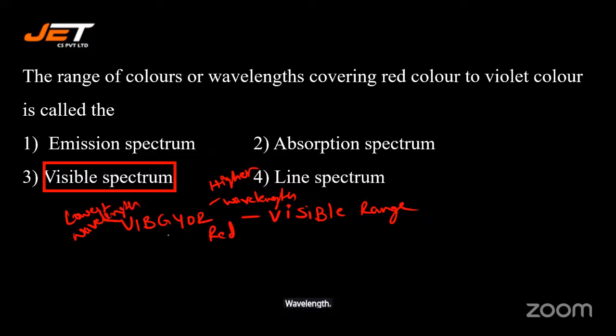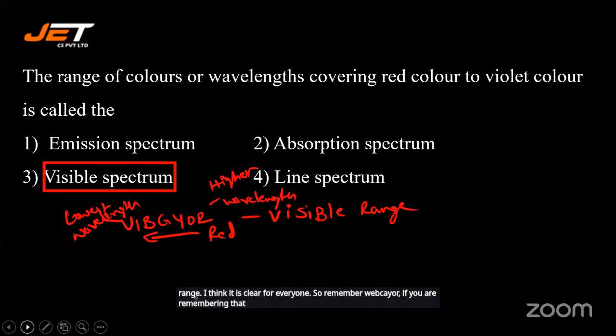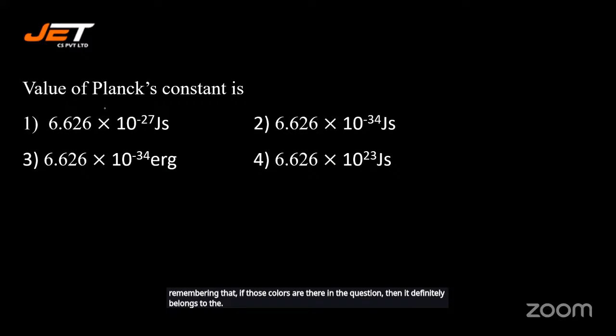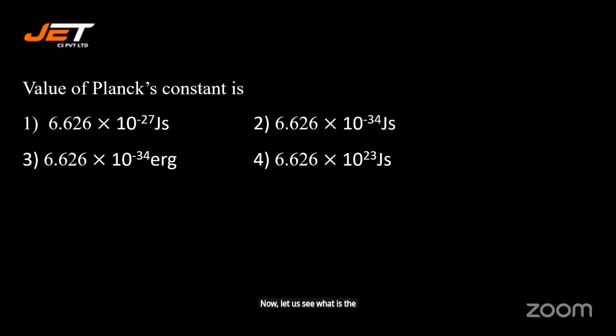So starting from red to violet, this range of colors can be visible to the human eye. That is why this spectrum of the 7 colors is known as the visible spectrum or visible range. I think it is clear for everyone. So remember VIBGYOR, if those colors are there in the question, then it definitely belongs to the visible spectrum.